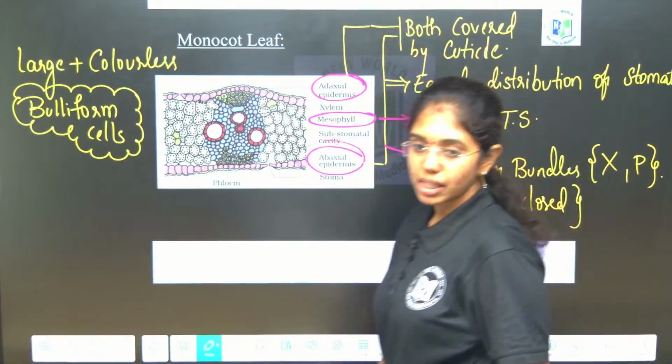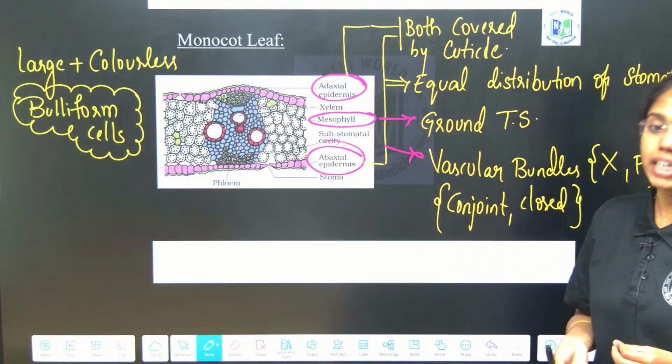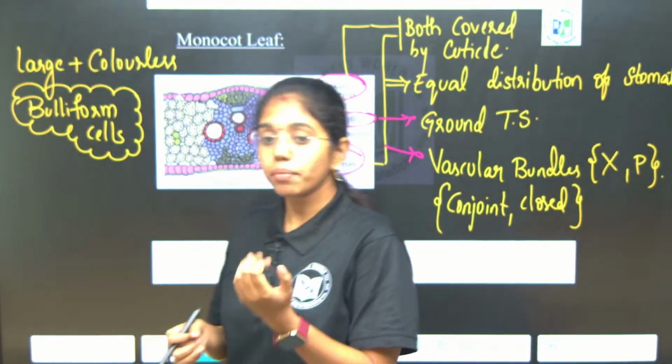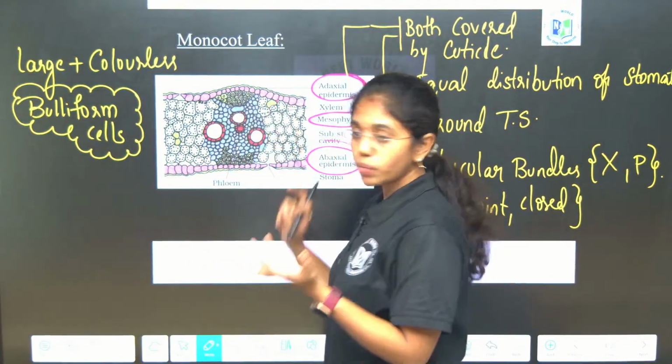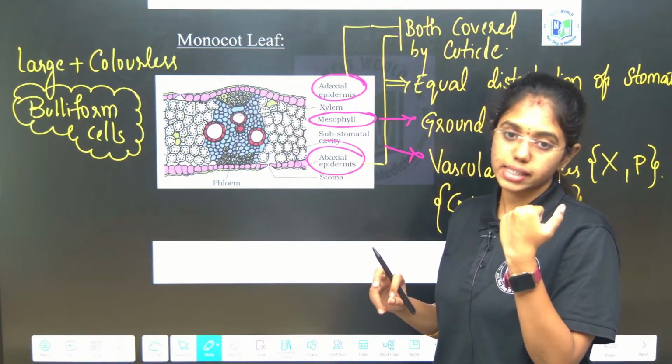What do these bulliform cells do in the epidermis? Whenever the leaf is in flaccid conditions, in water loss conditions, cells will get flaccid, then leaves roll towards inner side.